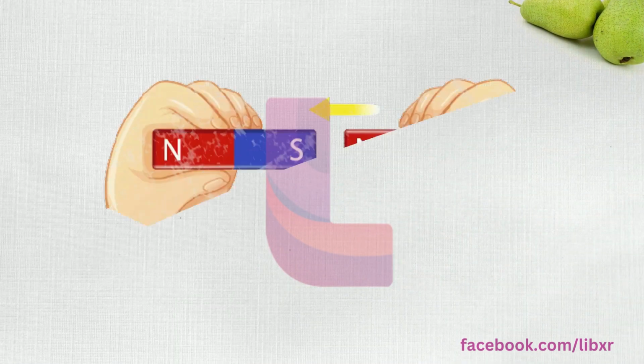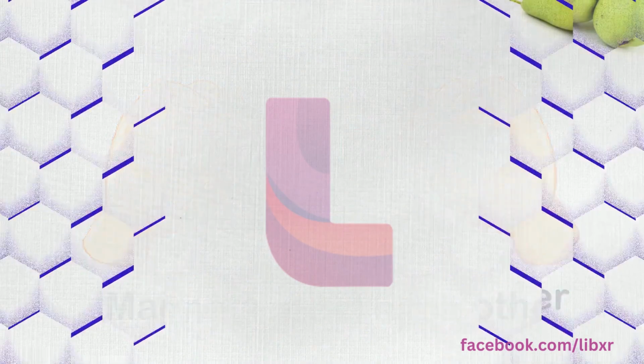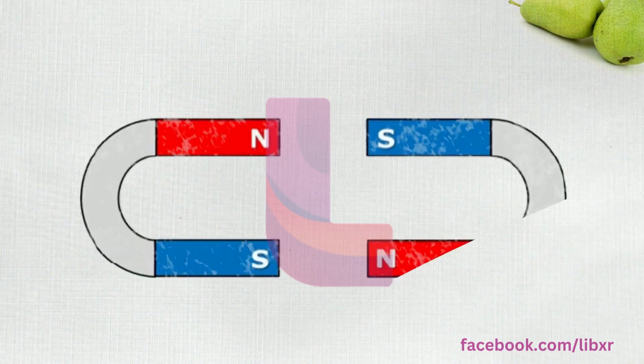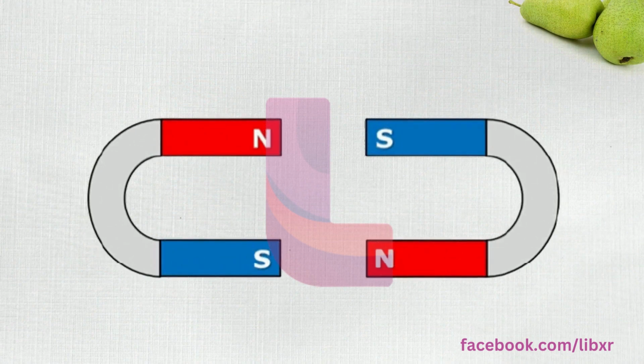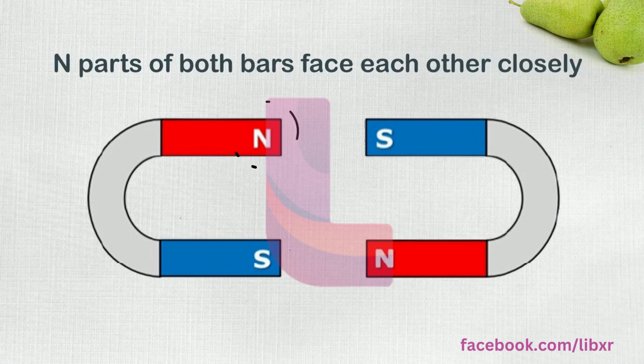The same sides of magnets repel each other. For example, if we have two magnet bars and we make the end parts of both bars face each other closely, they will push each other away. The same will happen if both S parts are brought together.